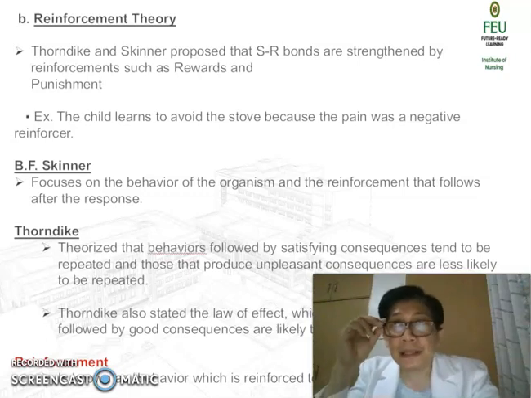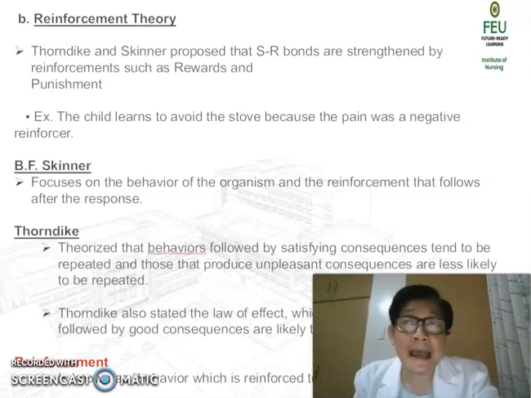But if you fail to submit on time the output that is needed to be submitted, then you will be given a deduction or minus points to the output that you have submitted. So that is the rewards and punishment principle.